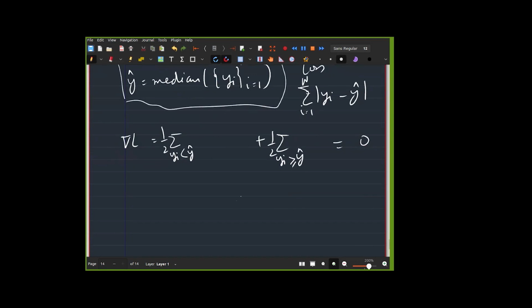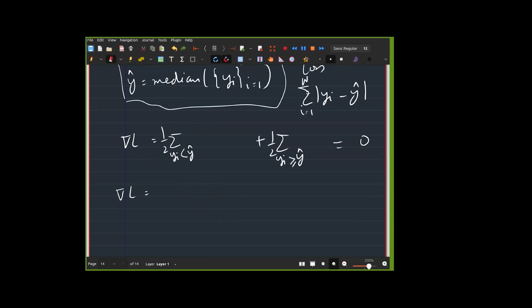But what I'm trying to propose here is, if the gradient was equal to tau minus 1 times yi is less than some q, or let's be consistent, because the reference I'm taking is actually Wikipedia, where it is using q, but let's say y hat. Let me just clean this up again.